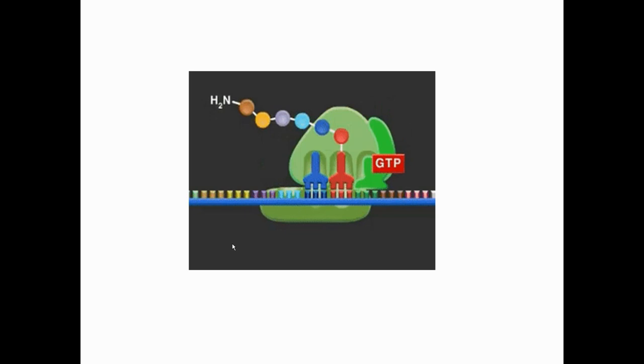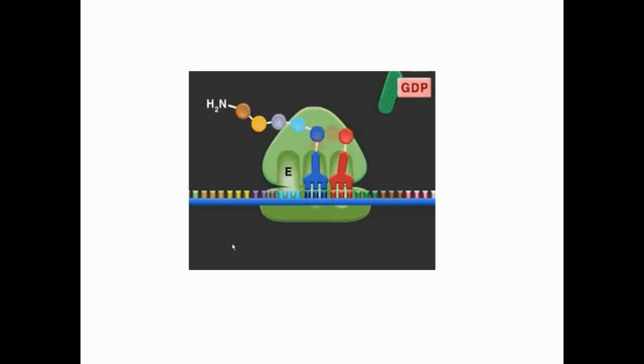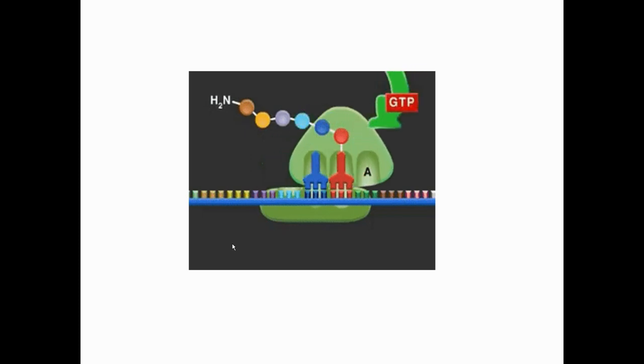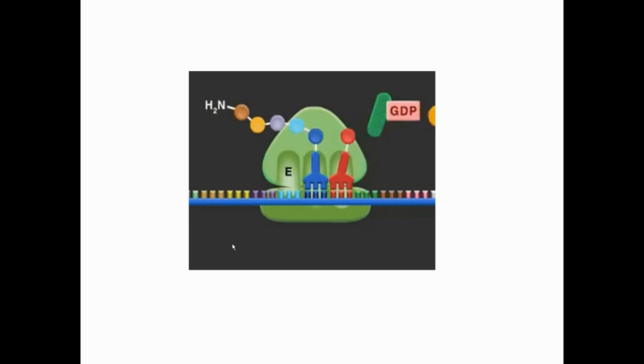So tRNA is going to transfer the particular amino acid which forms a bond with the previous amino acid, and that particular bond is referred to as what? That is the peptide bond.